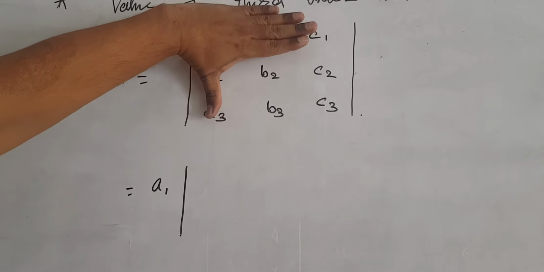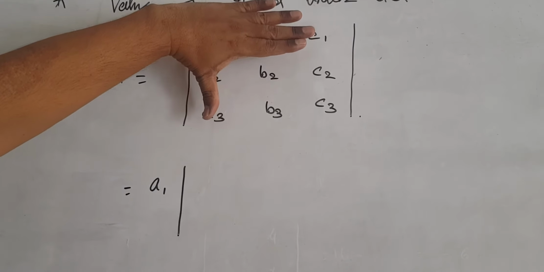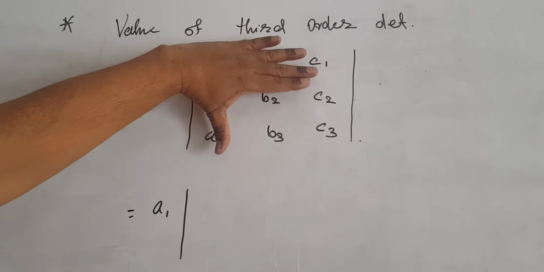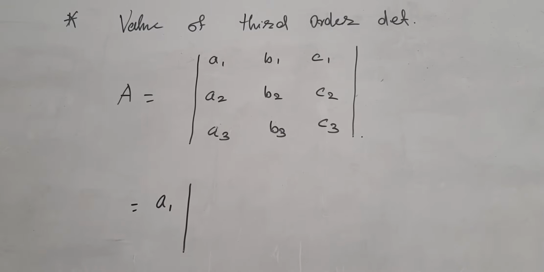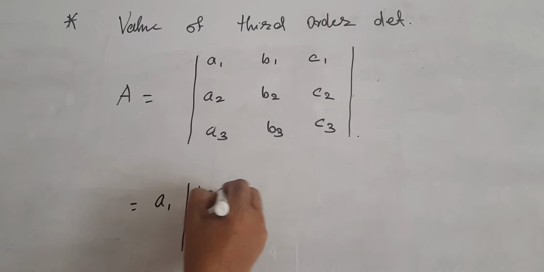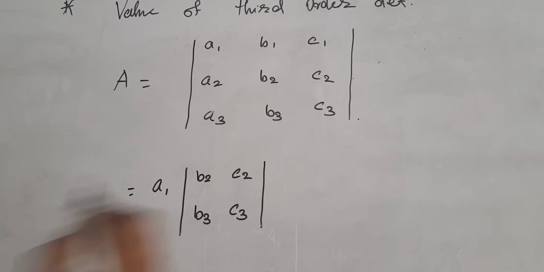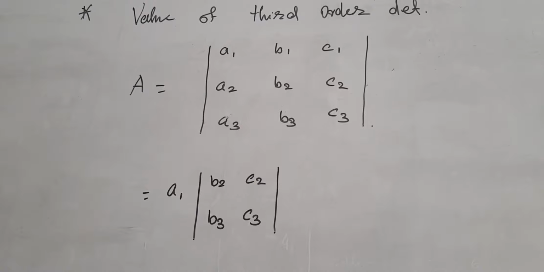Leave the elements of the row and column in which a1 is present. Whatever elements remain, you make a second order determinant from them. So the remaining elements are b2, c2, b3, c3.